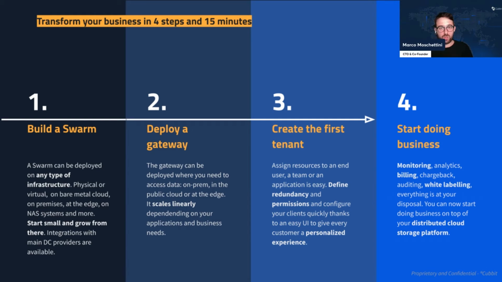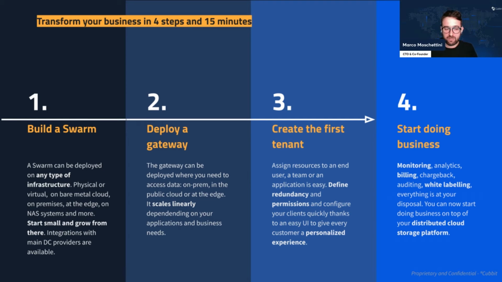Next, you deploy one or more gateways. You can have a gateway on premise. You can also install it on a public cloud, and you can scale it linearly to your ingestion rate. And finally, you create a tenant. A tenant is just a collection, a portion, let's say, of users and policies to access the data.